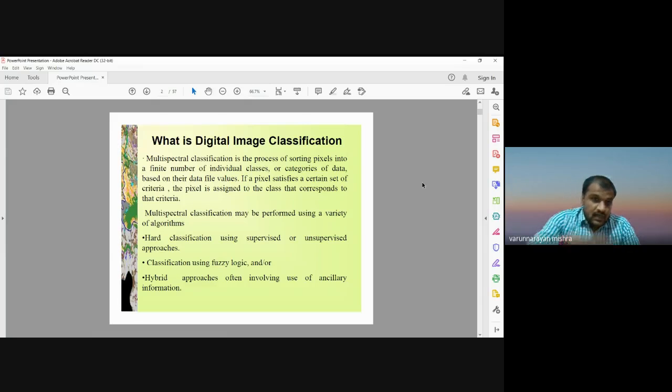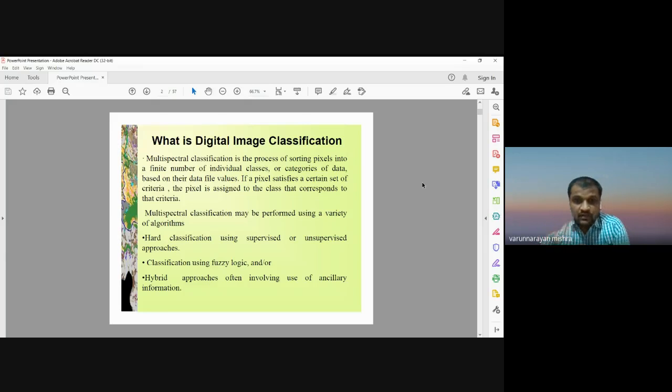So the process of digital image classification is the grouping and sorting of pixels of the same type into a finite number of individual classes or categories. If a pixel satisfies a certain set of criteria, then the pixel is assigned to the class that corresponds to the criteria. If the pixel has higher reflectance, it may be a different class. If the pixel has low reflectance, it may be a different class. If the pixel has middle or average pixel values, it may have different classes.